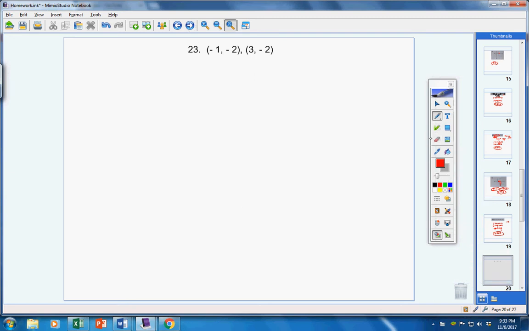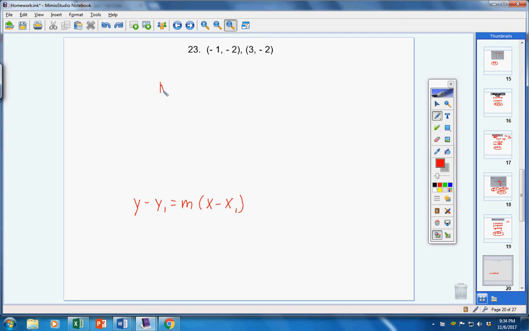Okay, students, we're given 2 points here. So let's write our linear equation. First of all, here's our formula. Now remember, before we use this formula, we first have to find the slope, okay? So here we go.